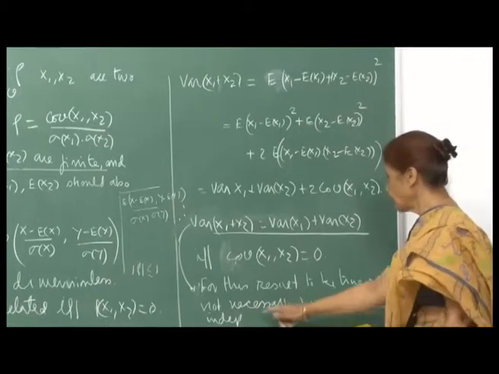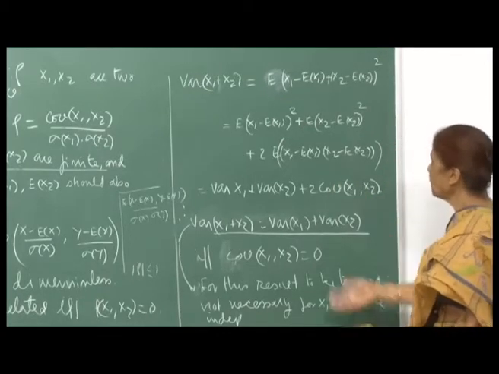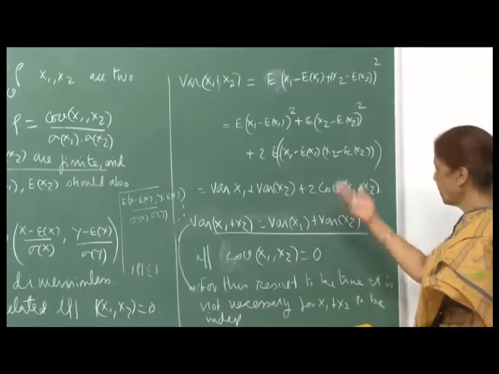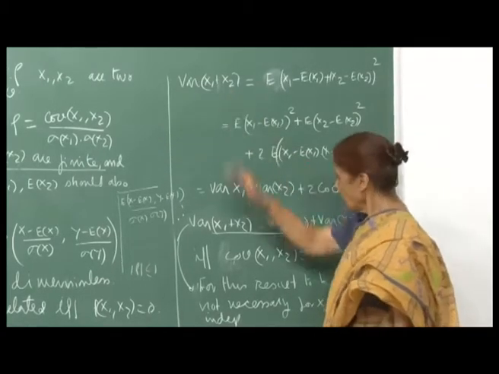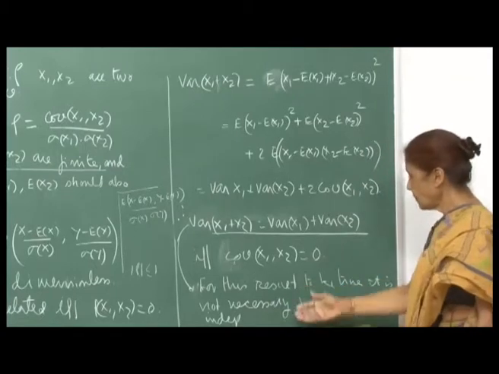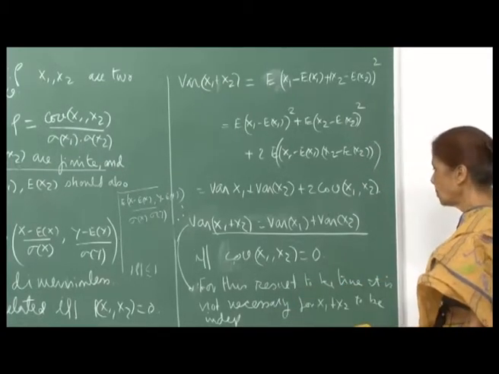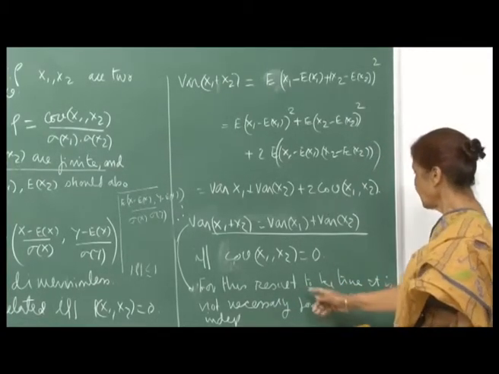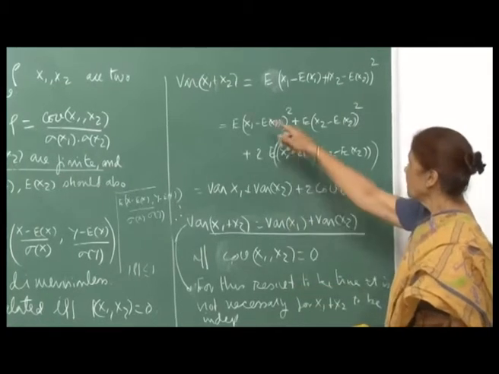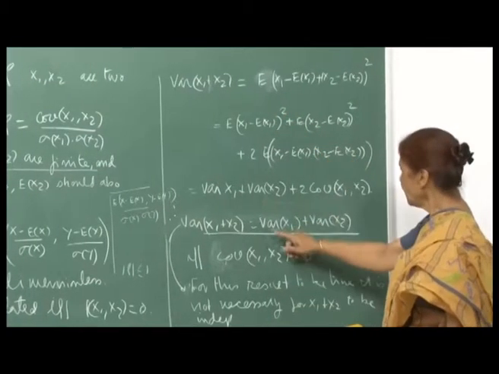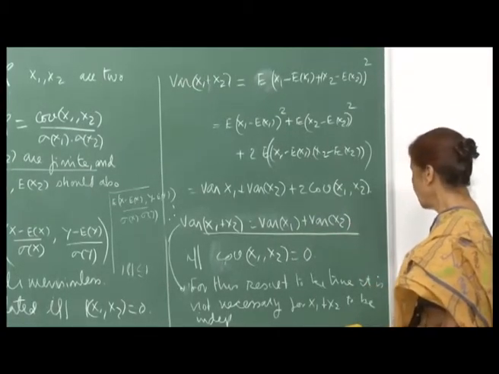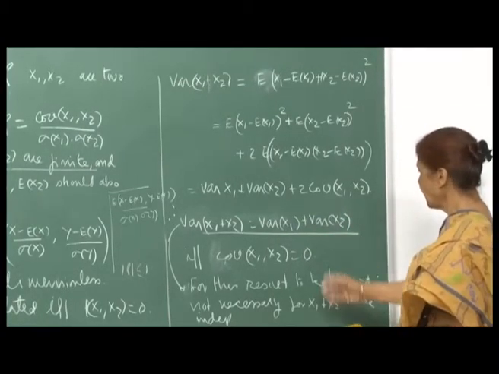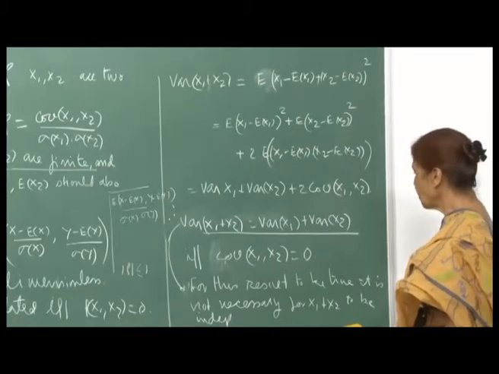For this result to be true, it is not necessary for x 1 x 2 to be independent. Earlier, when we talked of independence and then of the sum of two independent random variables, I had shown you that this will be equal to this, but now, since we have defined the term uncorrelated, what we are saying is that for the variance of x 1 plus x 2 to be equal to variance x 1 plus variance x 2, it is enough that the covariance is 0, or the variables are uncorrelated.